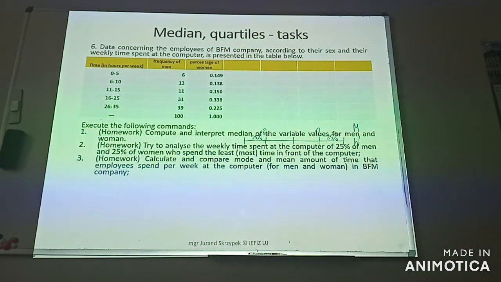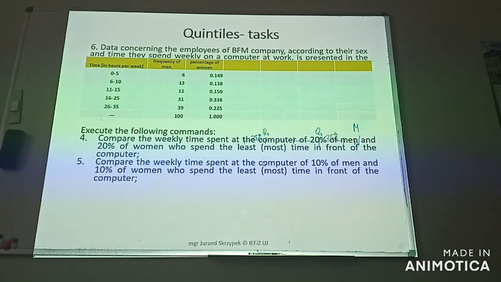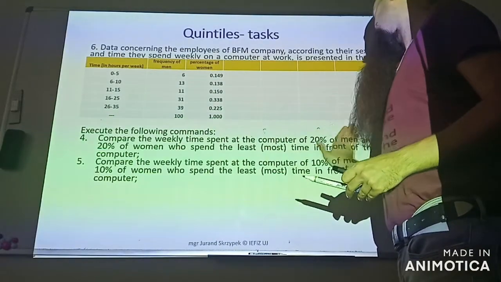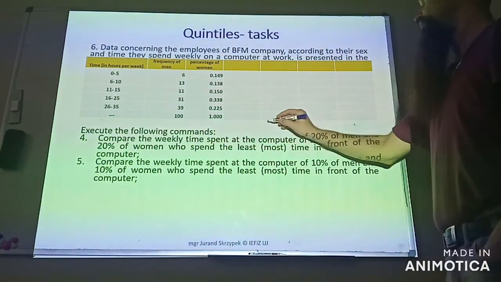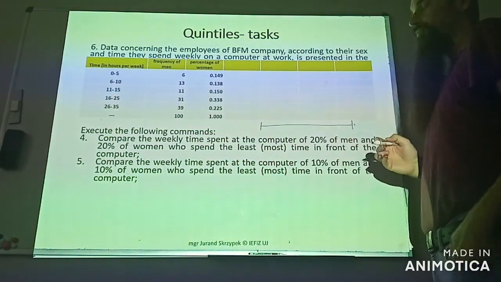Alright, but my task is to compare the weekly time spent at the computer of 20% of men and 20% of women who spend the least or the most time in the front of the computer. Hence, this is our current topic. We should utilize here the measures of what?